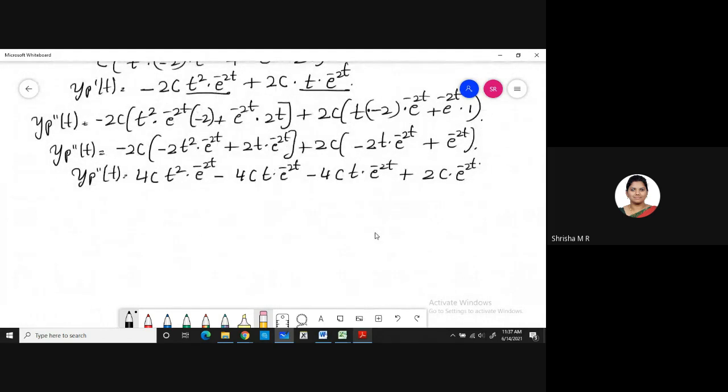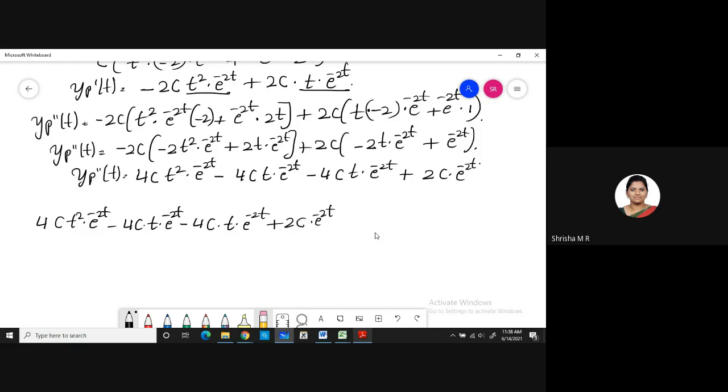So you have 4c t square into e power minus 2t minus 4c into t into e power minus 2t minus 4c into t into e power minus 2t plus 2c into e power minus 2t.